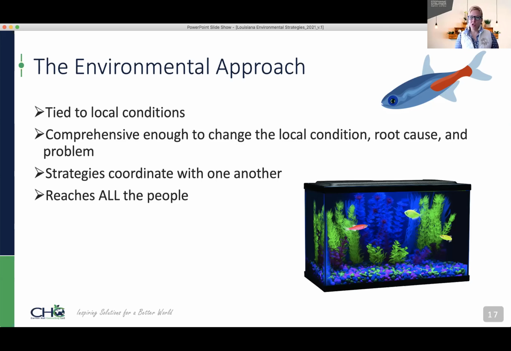In order for our strategies to be comprehensive enough, we have to have the right dose. So let's go back to my friend's fish tank where the fish had the ick. If she had a 50-gallon fish tank and she just put 2 tiny little droplets of solution into the water, is she going to have enough dose of that solution to change the pH of the water?